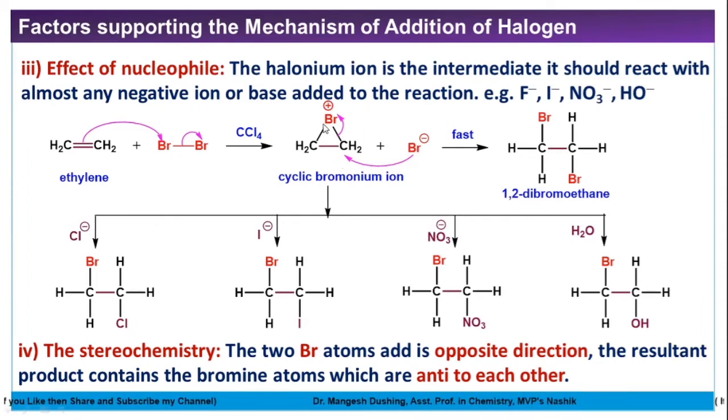First is electronic repulsion, and second is the steric effect, because the atomic size of Br is large over here and this is also large. So here they would feel steric effect, sterically hindered. That's why it prefers the backside. So we will get the anti product. Both Brs are anti to each other.